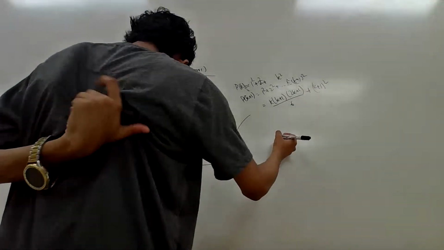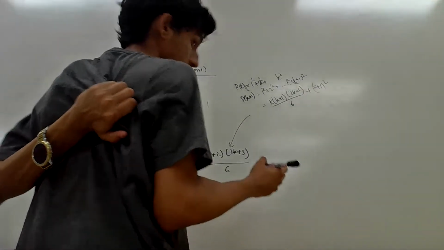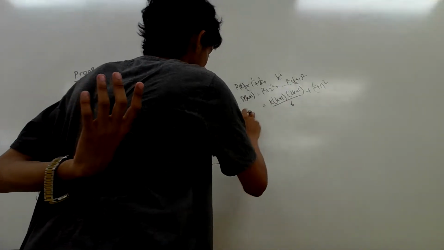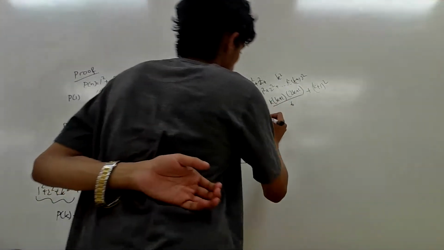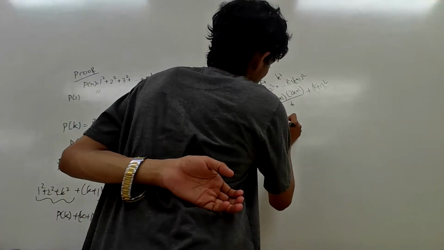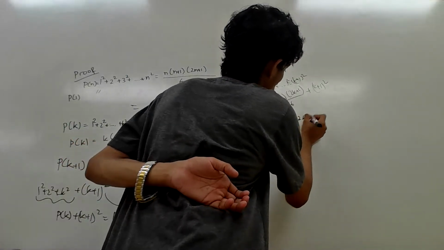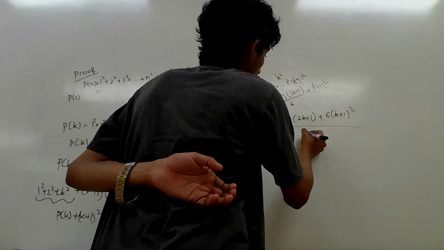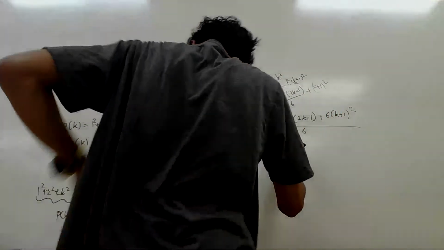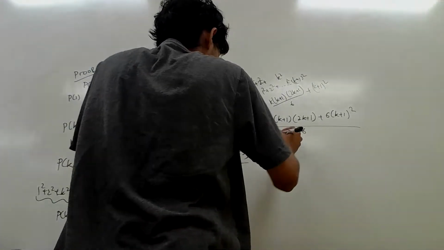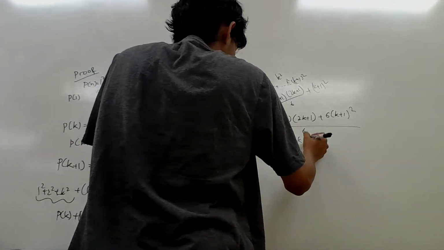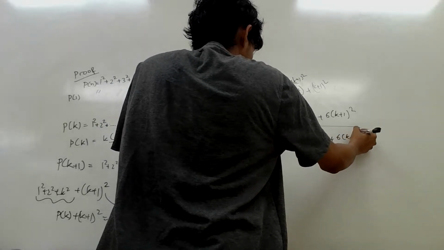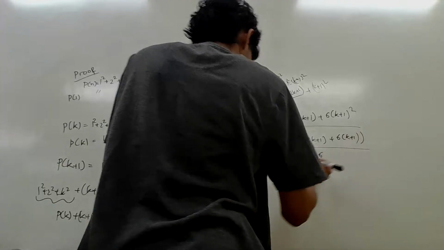We can start to do basic brute force. So you can just start by using k times k plus 1 times 2k plus 1 divided by 6, and you add the fraction. This will give you a common factor of k plus 1, which is k times 2k plus 1 plus 6 times k plus 1, divided by 6.